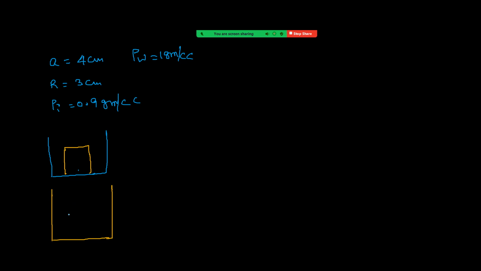Let us see now. When it is losing contact with the bottom, 90% of its volume will be inside water. So we have learned that whenever a body is floating, volume inside upon total volume is equal to density of the body upon density of liquid. Here the body is ice, 0.9.